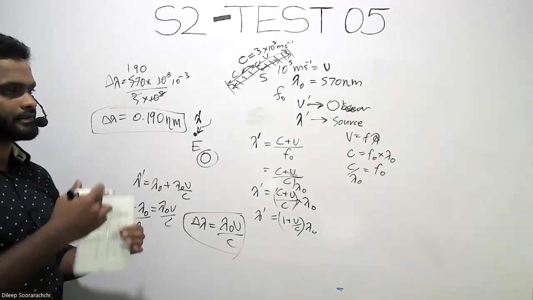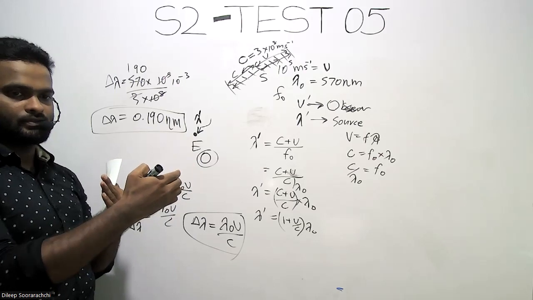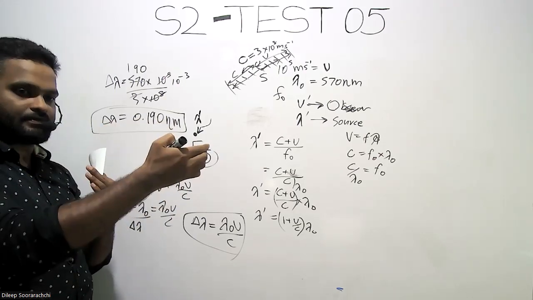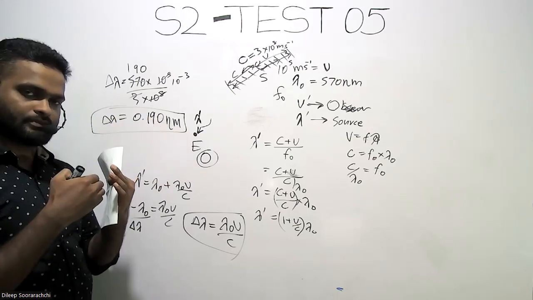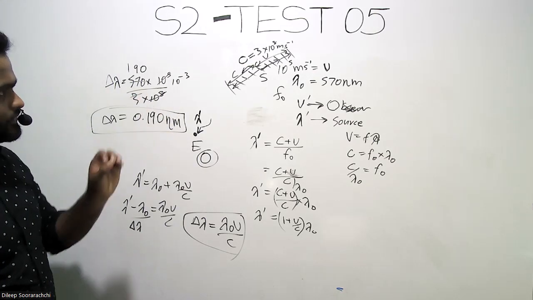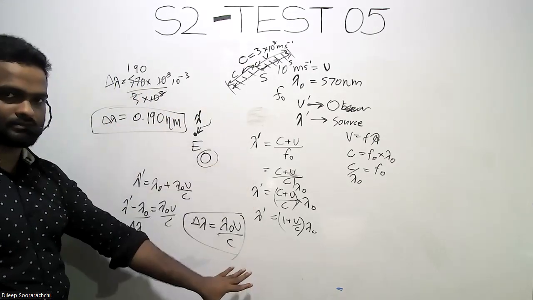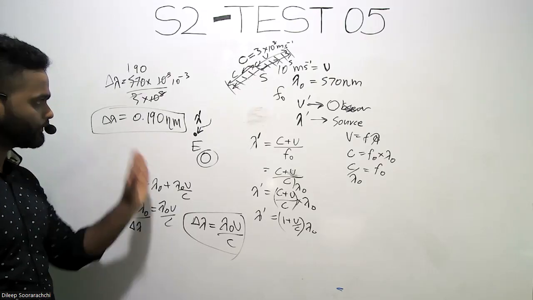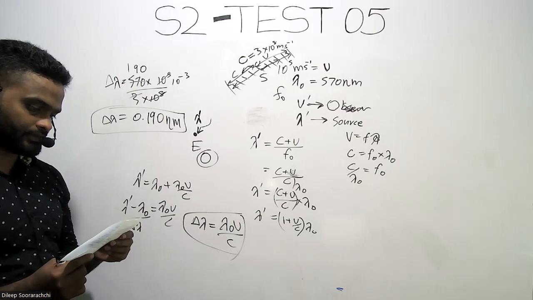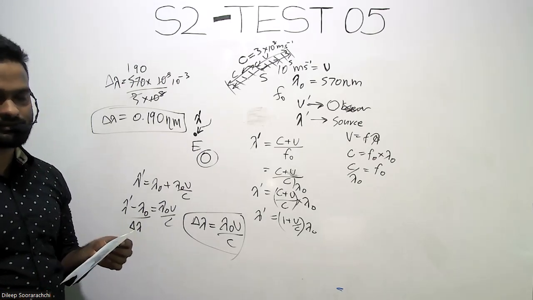That is why the spectrum coming from stars gets red shifted sometimes and blue shifted sometimes. This is the reason. So this is how you find the shifted amount of wavelength. You have to practice doing this. So the answer for the 12th question should be the second one.